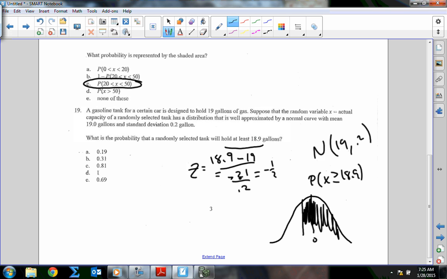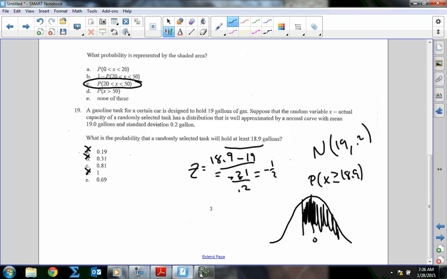So just logically, I can look over here and say no, it's not A, no, it's not B, no, it's not D, because it's not the whole thing. So even if I can't use my calculator to find it, or even if I can't use table A, if you draw yourself a picture and give yourself a better idea of what you're actually looking for, then you can eliminate a lot of answers sometimes.